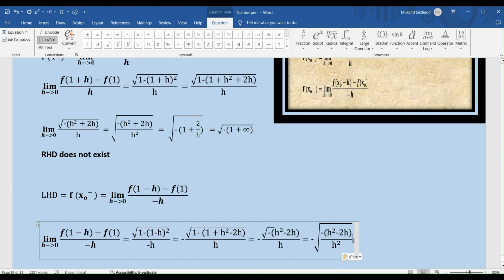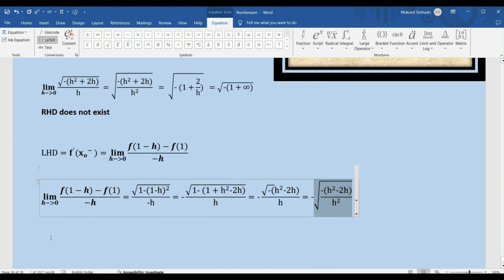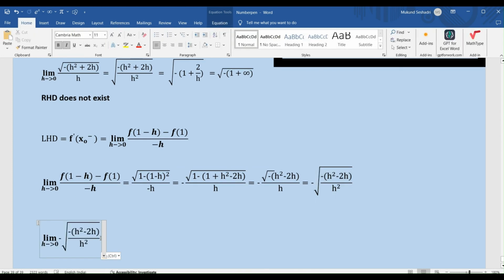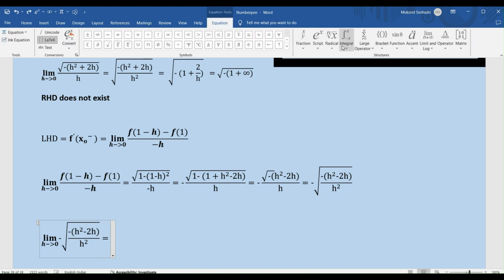So that leaves me with the limit as h tends to 0 of the square root of minus h square minus 2h divided by h square, right? And I can rewrite this as minus of 1 minus 2 by h, right?